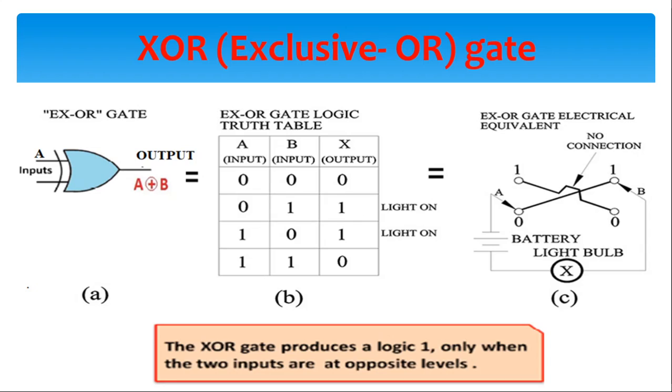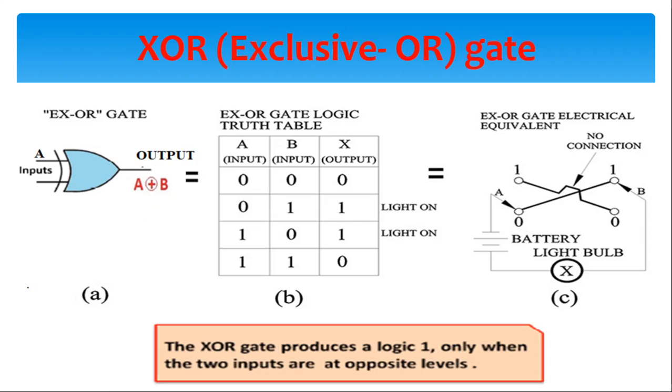The logic symbol of XOR gate or exclusive OR gate is shown in figure. The logical equation or Boolean expression of XOR gate is y equal to A exclusive-OR B, or y equal to A B bar plus A bar B.